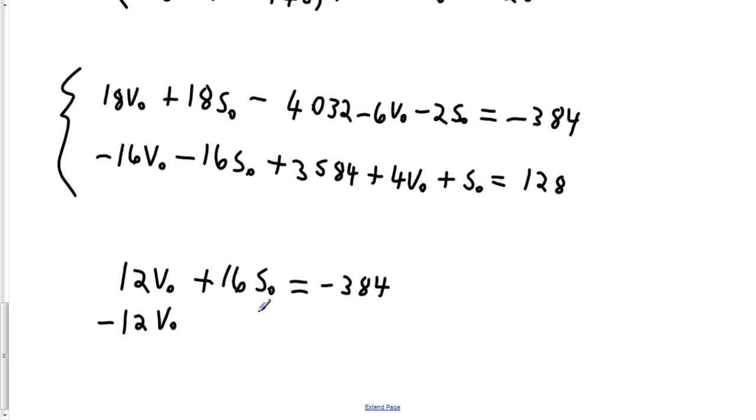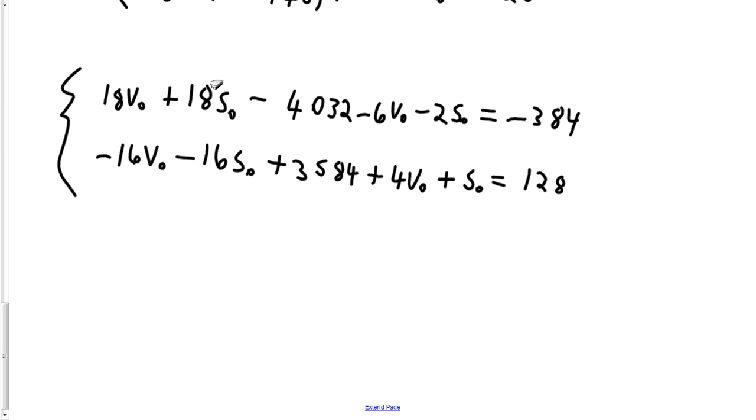And then I have negative 16 s naught plus s naught, which is negative 15 s naught. And then this is still equal to 128. Oops, I forgot other things here. I combined like terms, but I forgot these numbers here.